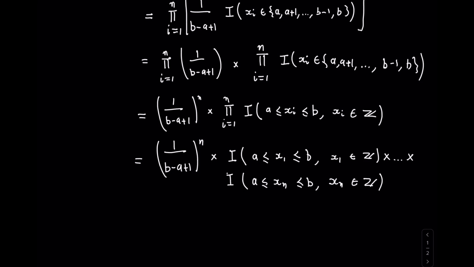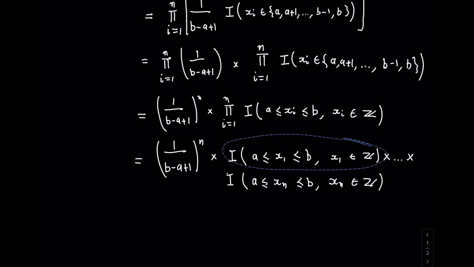Now, one interesting point about indicator functions is a unique property: when you multiply indicator functions together, what you're left with is a new indicator function which effectively holds all the statements true. All the indicator functions either take a value of 0 or 1.